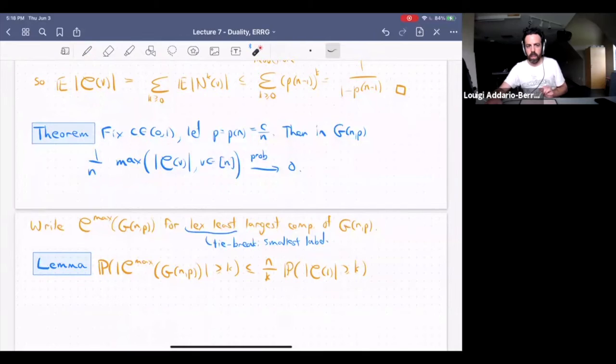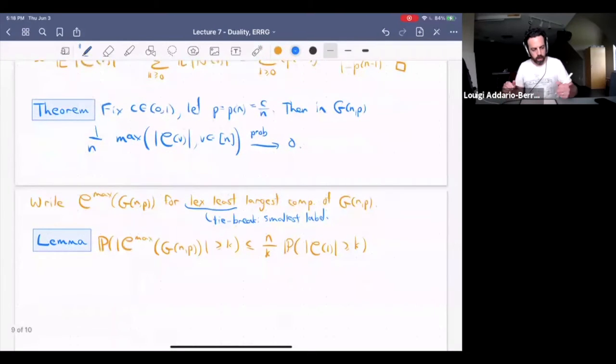The heuristic reason this is true is that if I tell you there's a component of size at least k, because the vertex labels are exchangeable, with probability at least k over n, vertex 1 is in that component, and then vertex 1 will have component size at least k as well. That's the reason why the lemma is true.